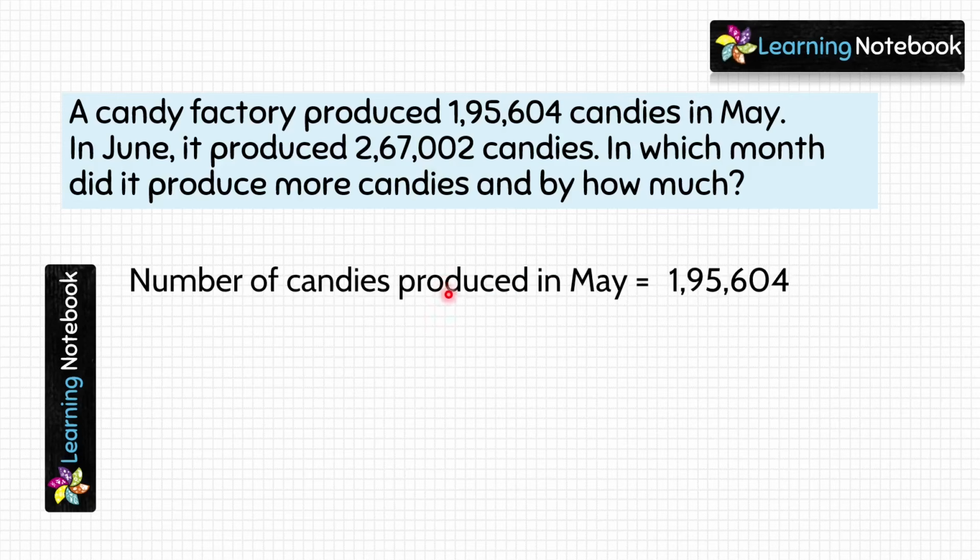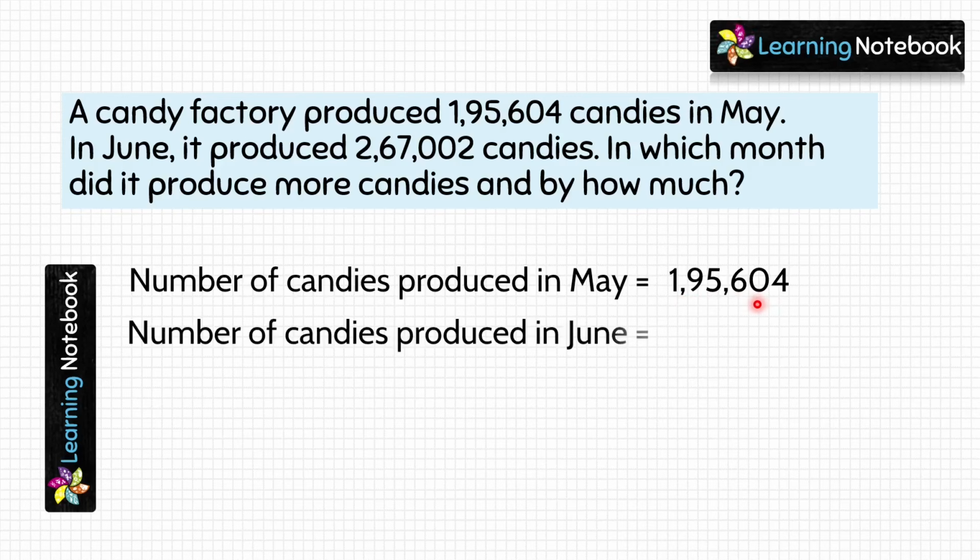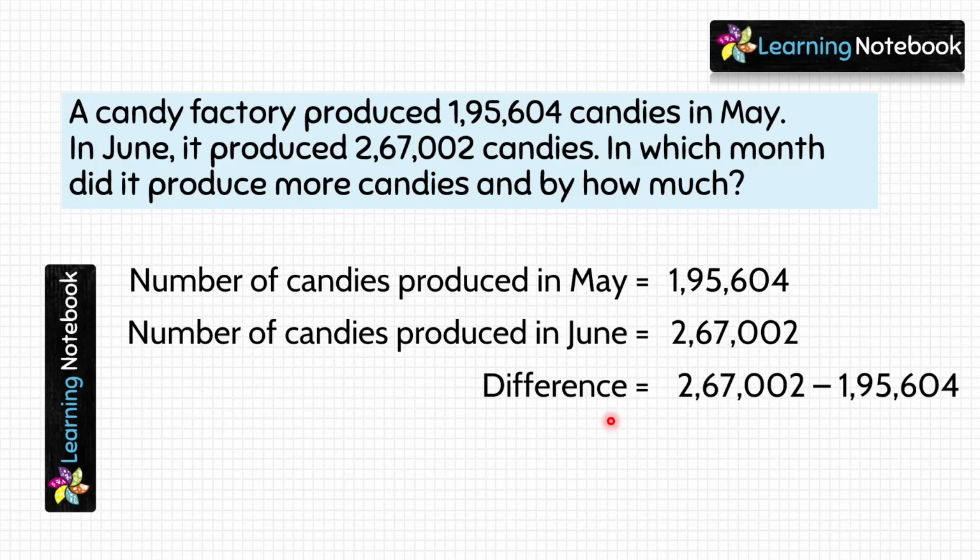Number of candies produced in May equals 195,604. Number of candies produced in June is given as 267,002. Now, we will find their difference to answer how many more candies were produced in the month of June.